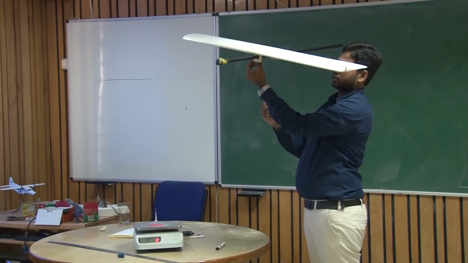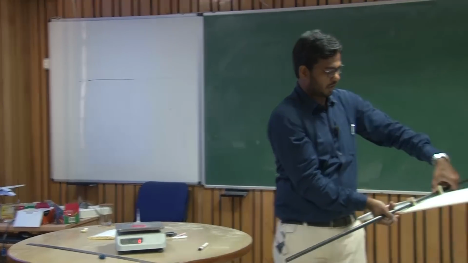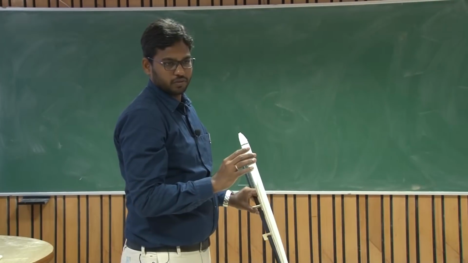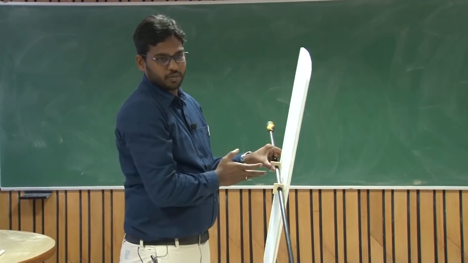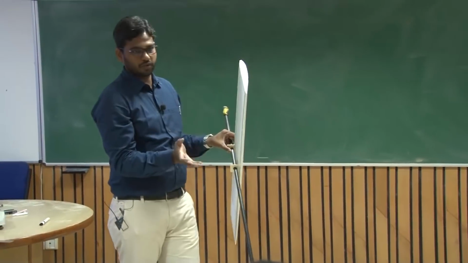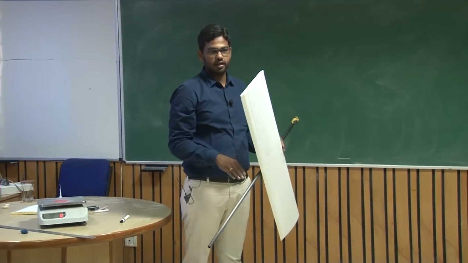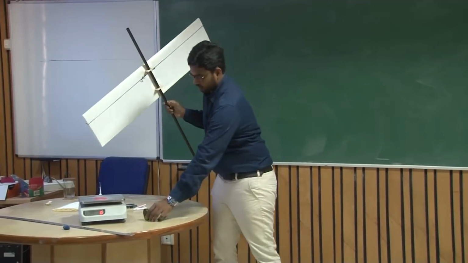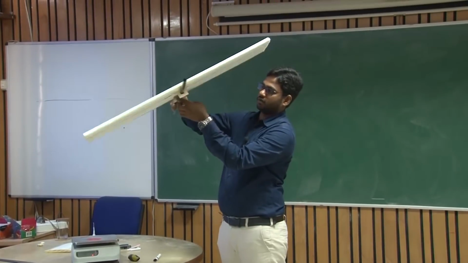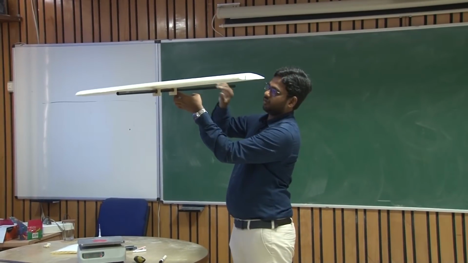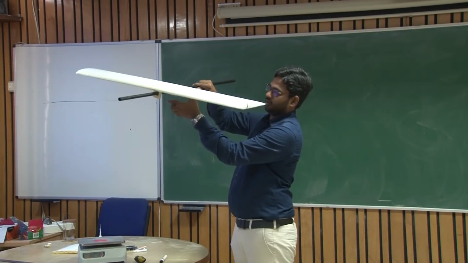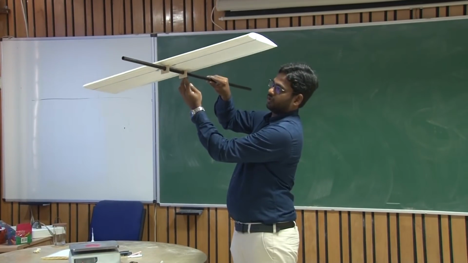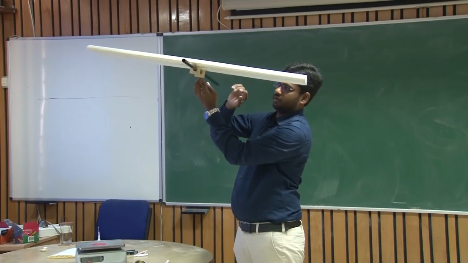In this case, this is the location about which the model is exactly balanced, and this location is along the aerodynamic center of this wing. So if I am shifting the CG of the wing towards the aerodynamic center, then it started gliding. In this case, without any clay, the CG is somewhere here, almost close to this point.